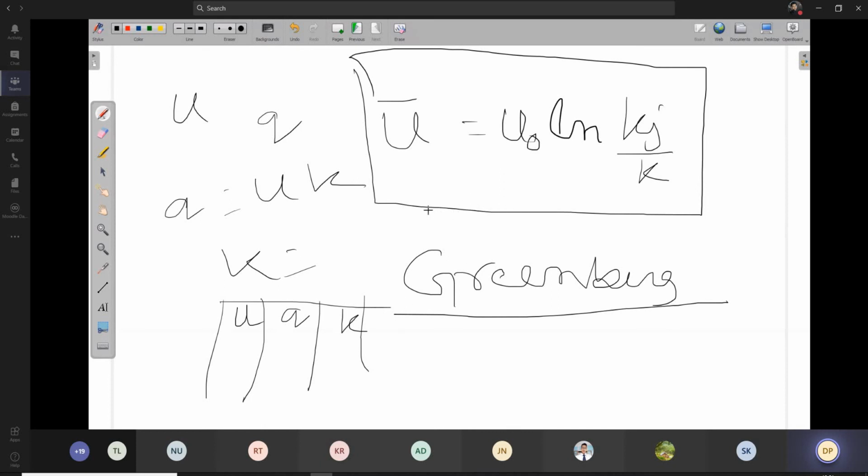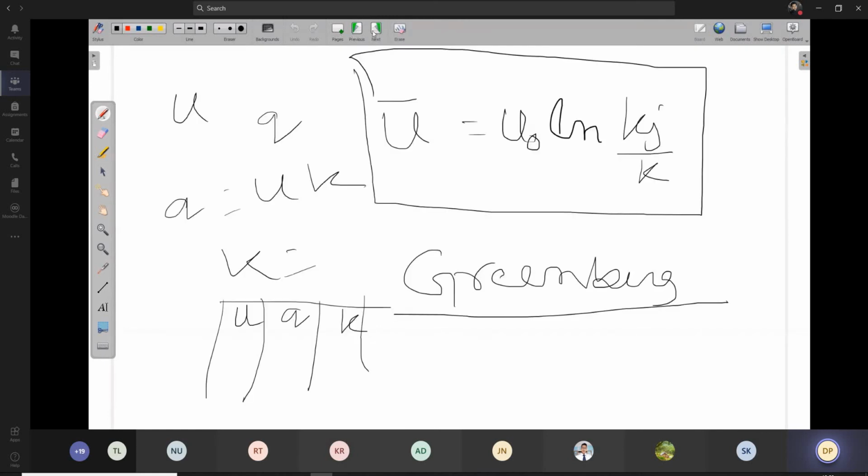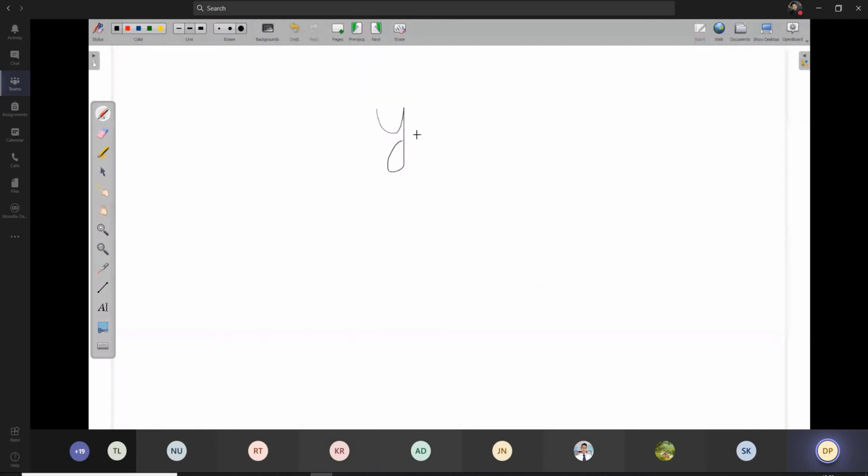To do this, we need to know how to calculate those constants. Basically this is called the calibration of the model. Let me tell you in a simplified way. Forget about this side. Say y is equal to mx plus c.